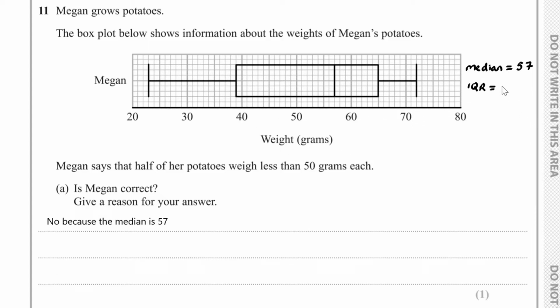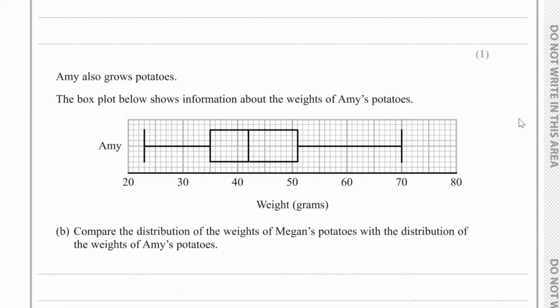Write that out in full, 65 take away 39, which is 26. And for Amy, the median, you can see here the median is 42, and the interquartile range, that's equal to the upper quartile 51 minus the lower quartile 35. Turns out here we get 16.